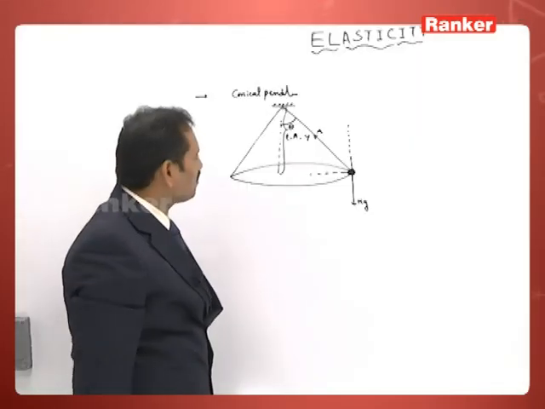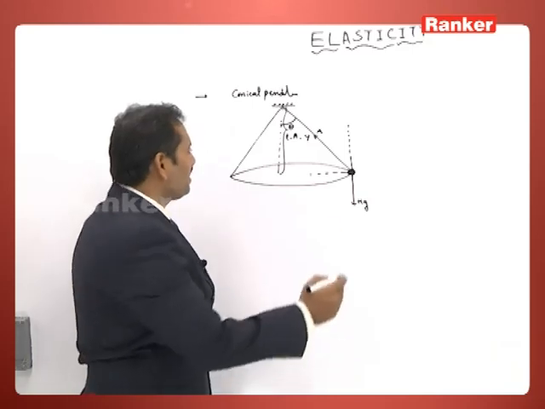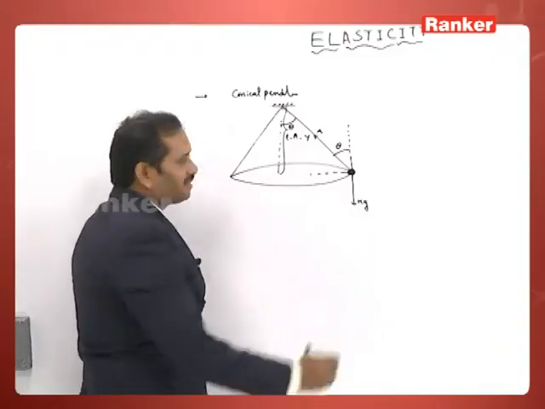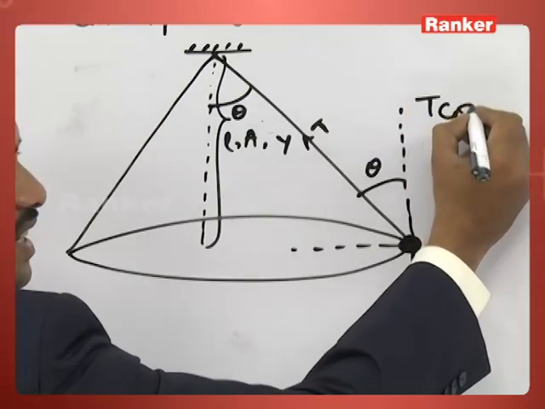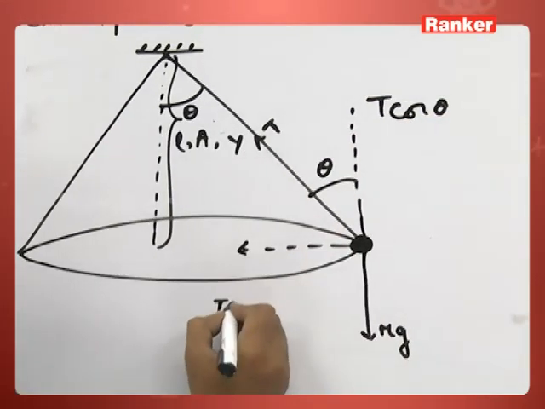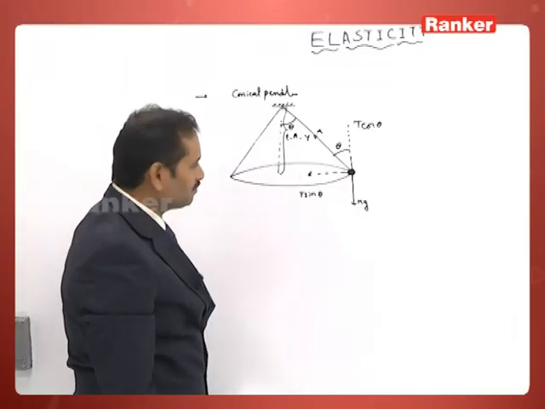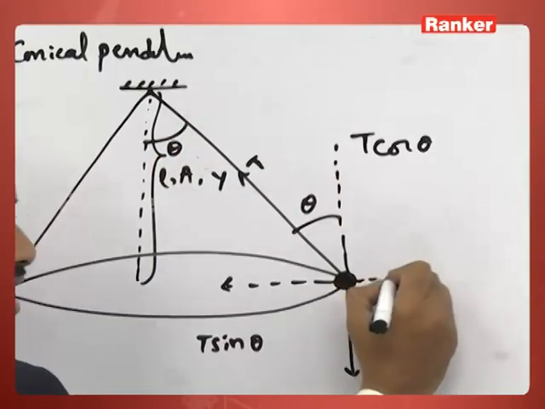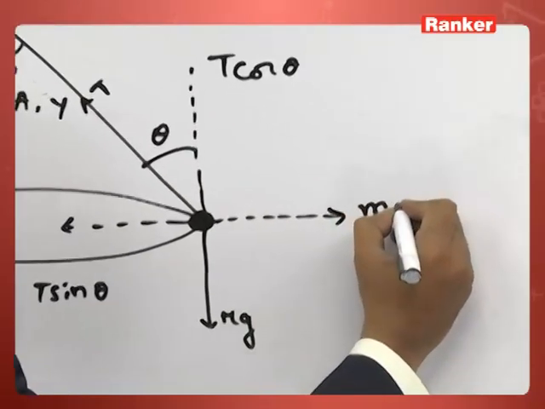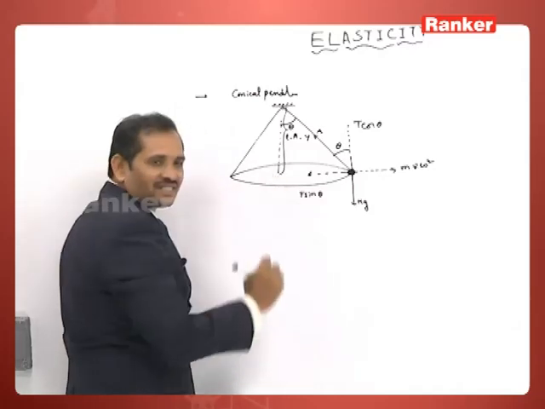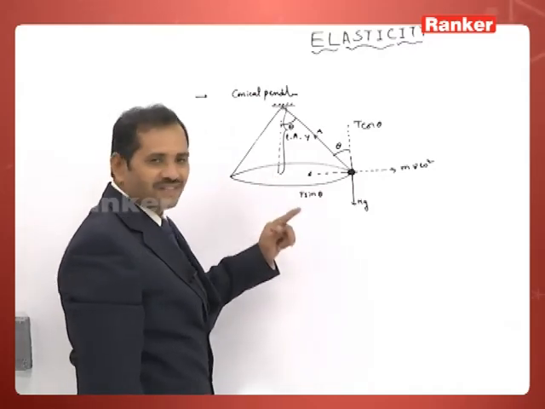Tension is a vector quantity which can be resolved into two components, T cos theta and T sin theta. T sin theta is balanced by the centrifugal force m r omega square. R is the radius of the circle, take care. L is the length of the string.